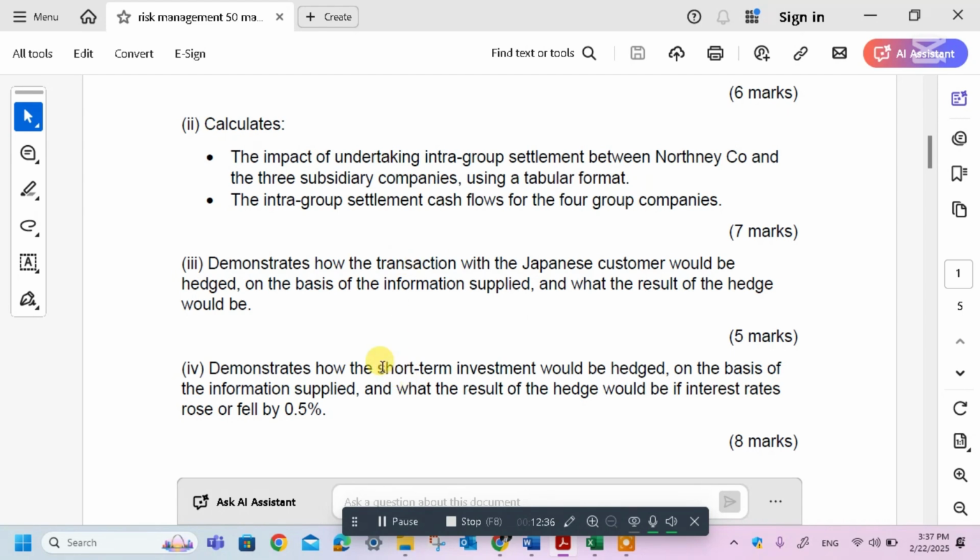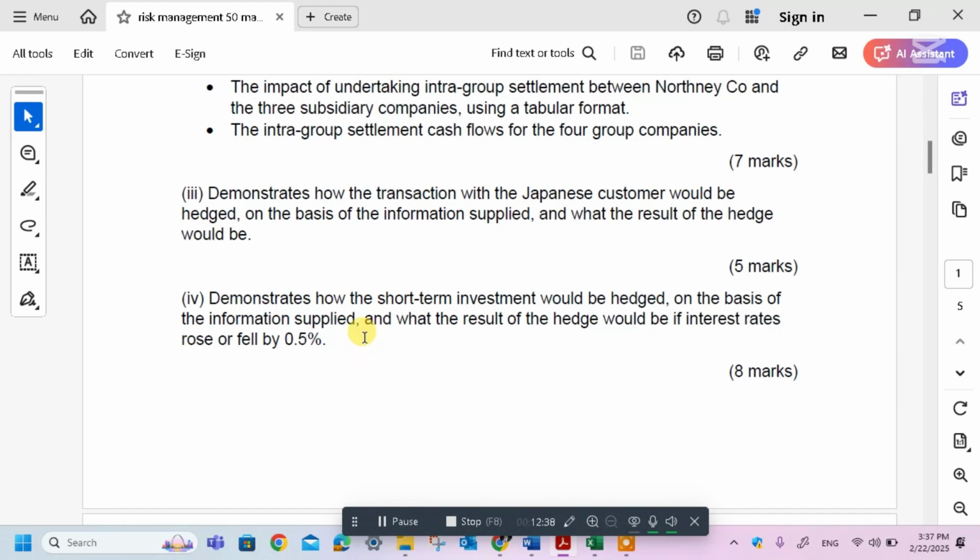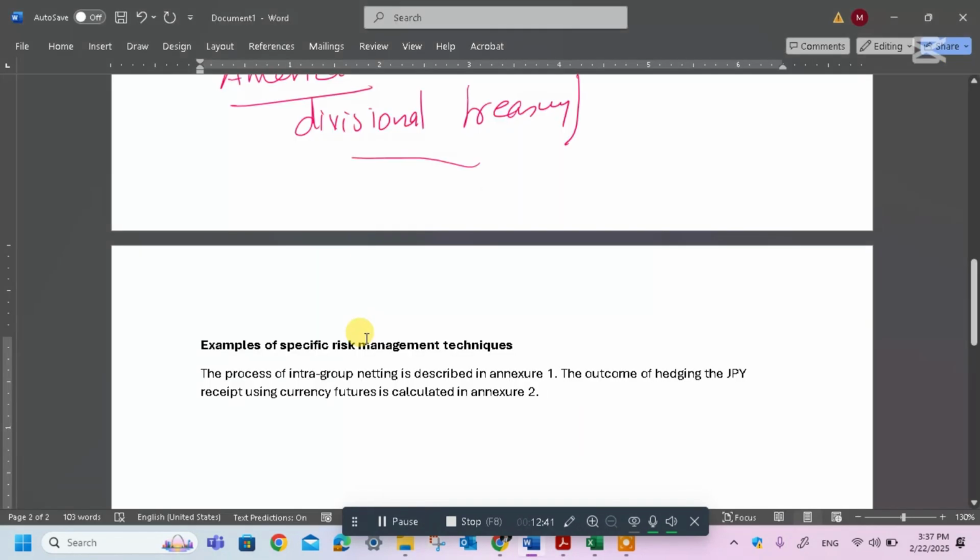Next one, the interest rate risk related to a short-term investment has been analyzed in annexure 3.